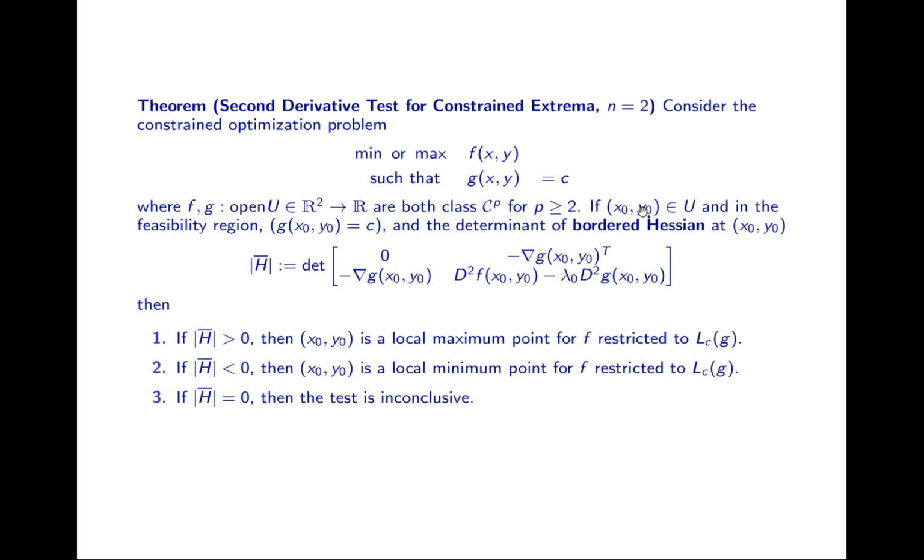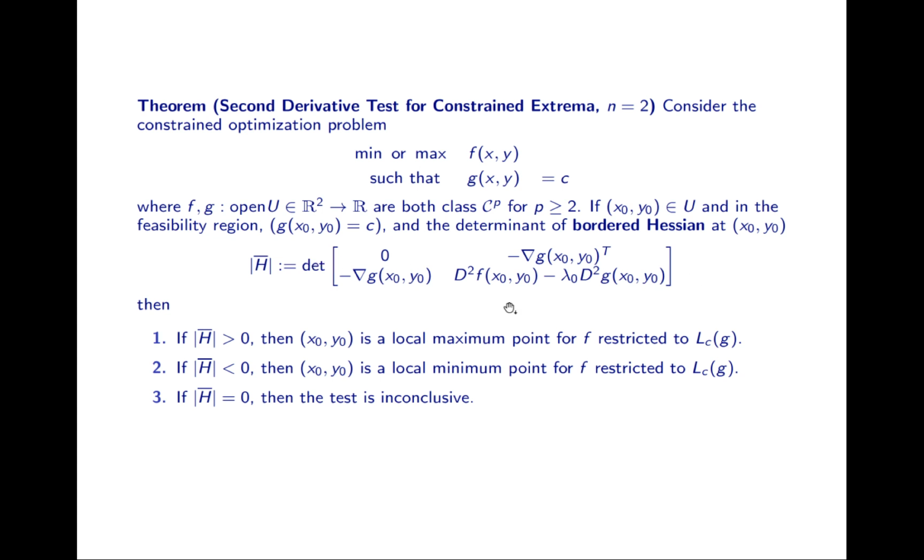Then if x naught and y naught are in the domain of f and g, and x naught, y naught is in my feasibility region, in other words, g of x naught comma y naught is c, then the determinant of this bordered Hessian at x naught, y naught is essentially going to tell us whether I have a max or min.